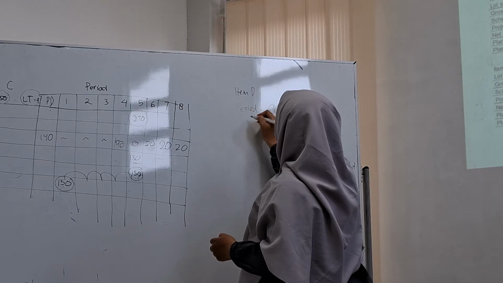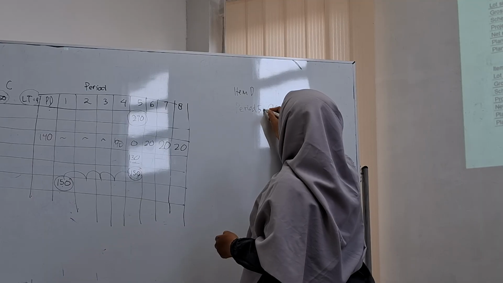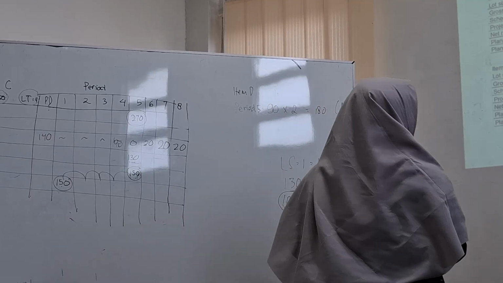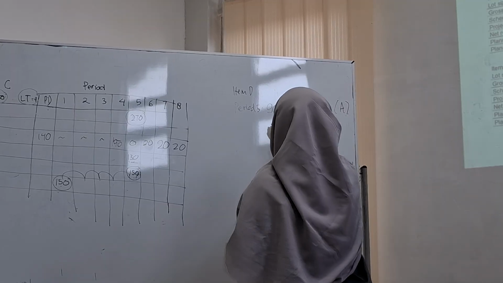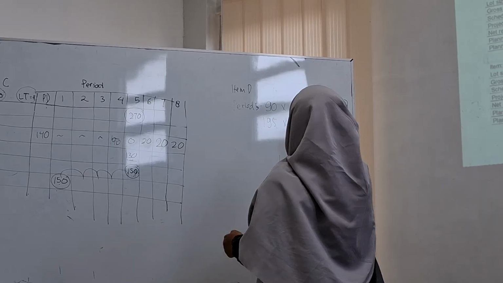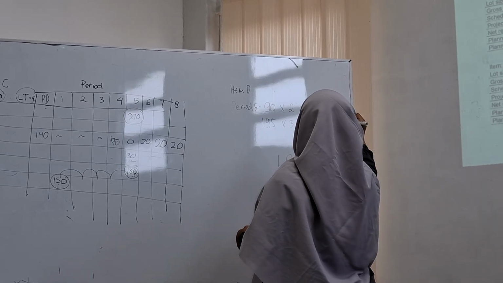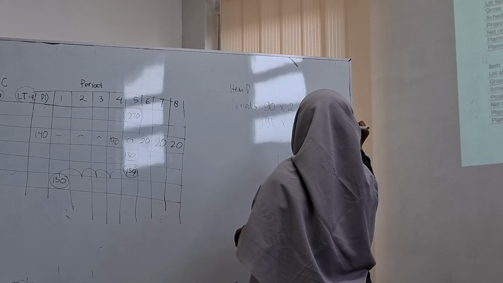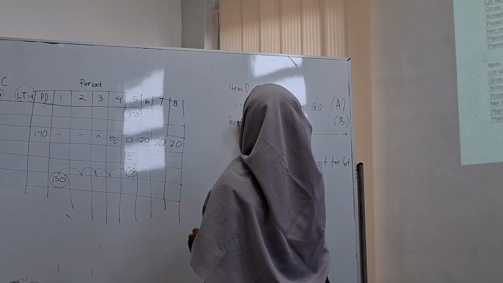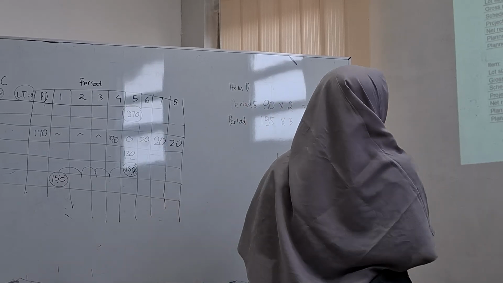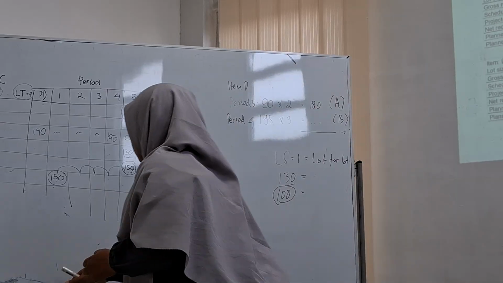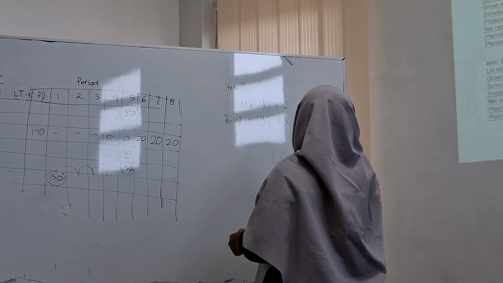Item B needs 195 multiplied by 3, 585. It's not summed because it is a different period.